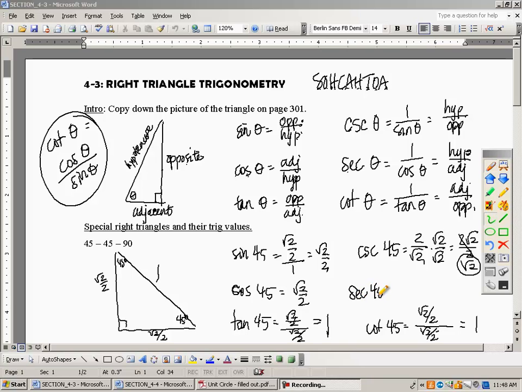Secant of 45, I do exactly the same thing. 2 divided by the square root of 2, and again, to save us a little time, it's the square root of 2 again. You will have to rationalize square roots, because again, all of this is no calculator. So kind of as you go through, keep that in mind.